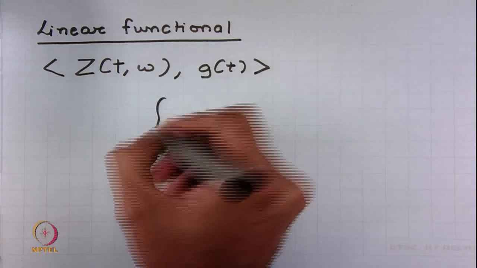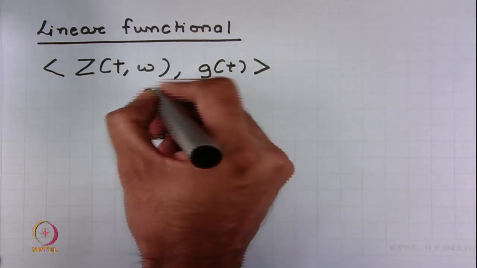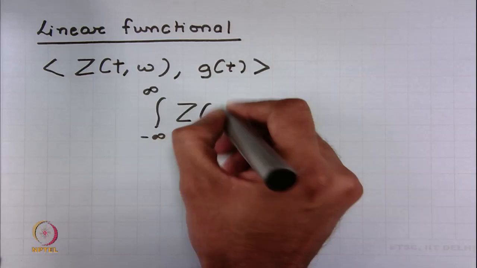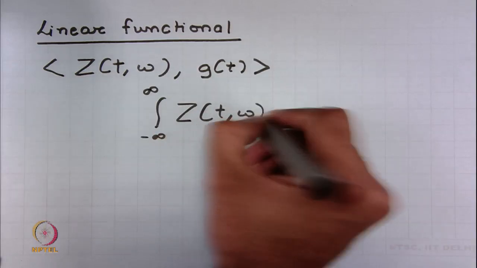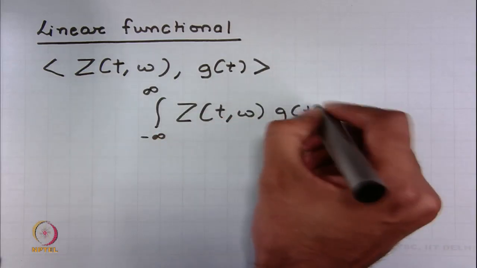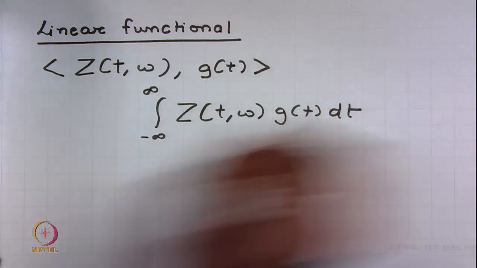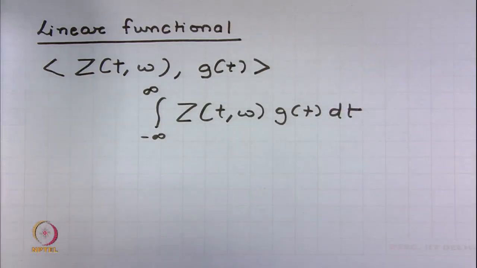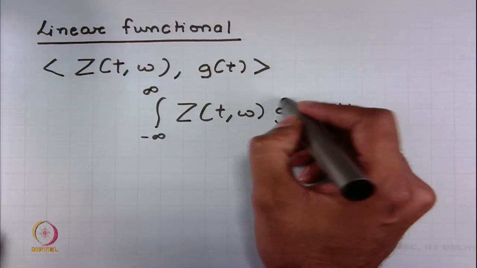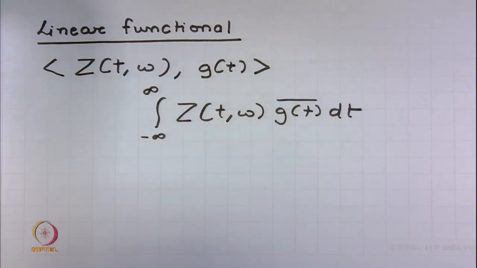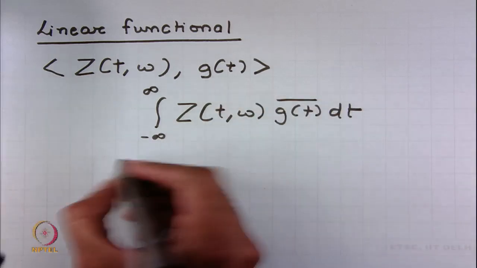You know how to calculate the inner product. For calculating the inner product we have to evaluate this integration, and usually, as you know, we have to take a conjugate in one of the functions, but because g of t is a real function we do not have to take this conjugate.